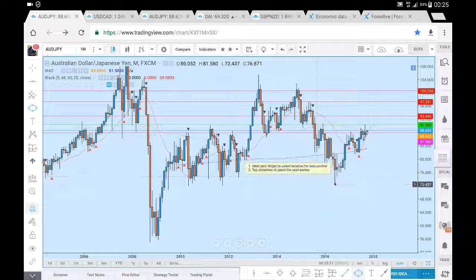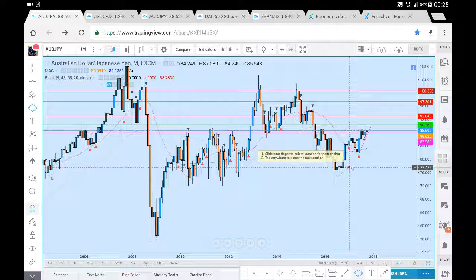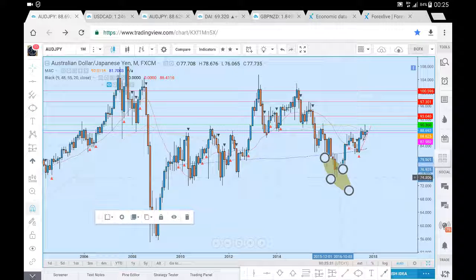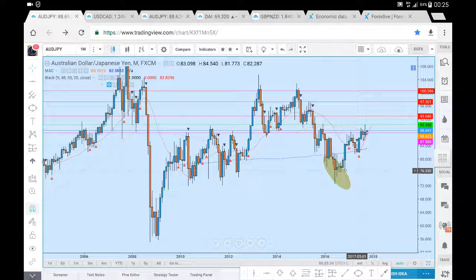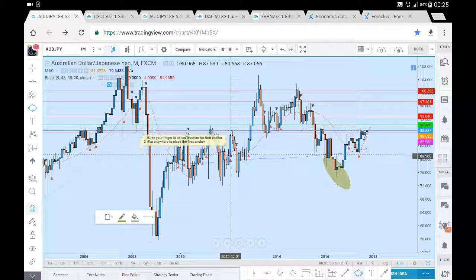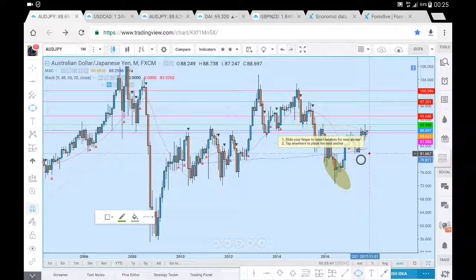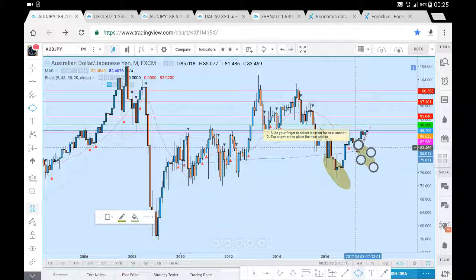We've had our lows there, bring that across. We've had our lows there, and we had a higher low just about here, as can be seen on the charts.